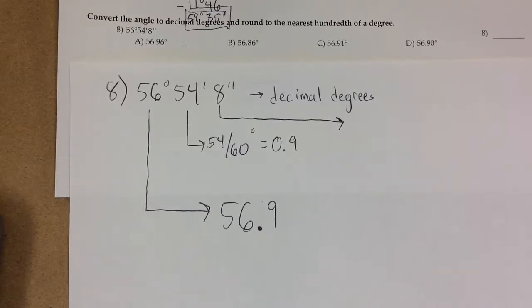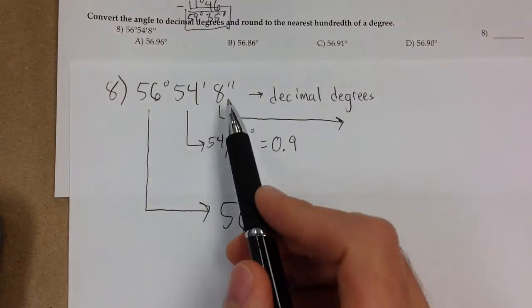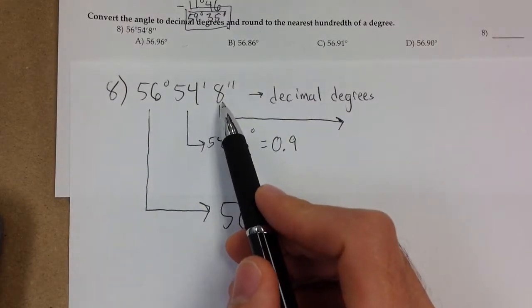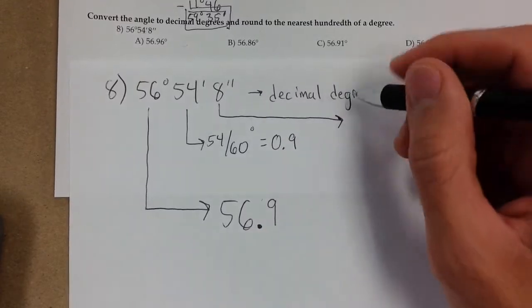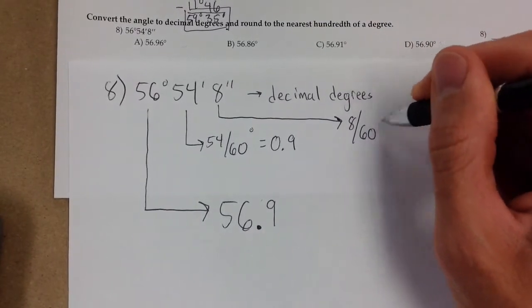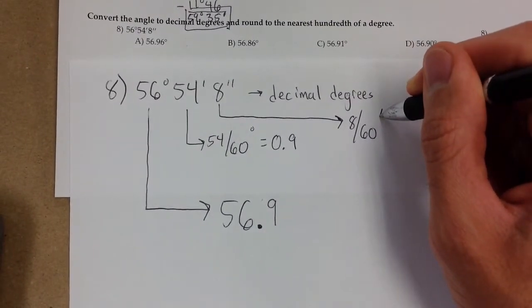All right. Well, how many seconds in 1 minute? 60. So what this means is, or let me ask you another question first. 1 second is what fraction of a minute? 1/60th. Good. So this is 8/60ths of a minute. Does that make sense? Yeah.